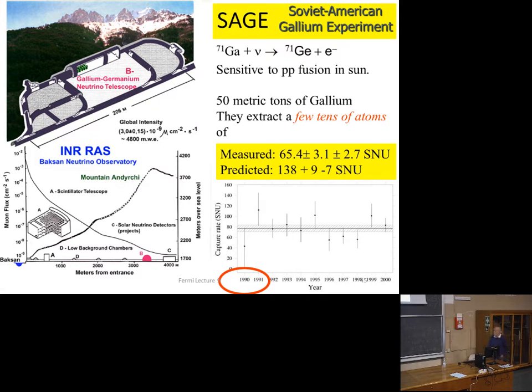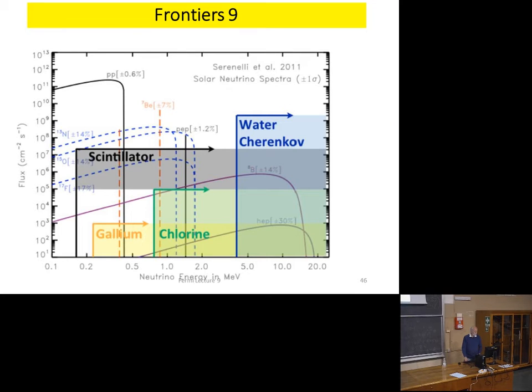And what was measured was 65 in some units, neutrinos coming from the sun, while the prediction gave 138. So we're only seeing a third or a quarter or half or something of what came from the sun. Maybe that was the trouble with the experiment.